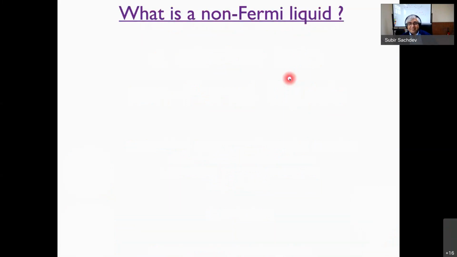What is a non-Fermi liquid? It's a term that came into vogue around the 80s and is used freely, especially by experimentalists.